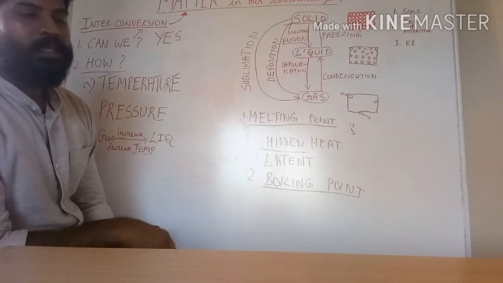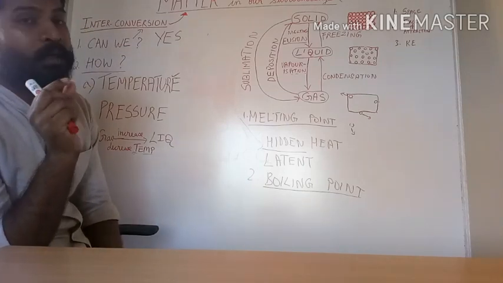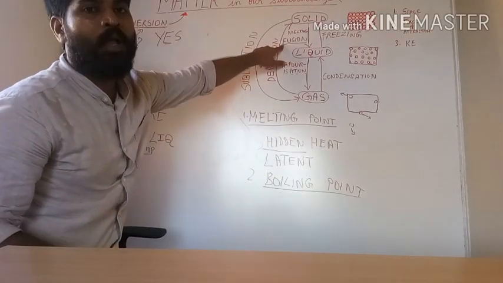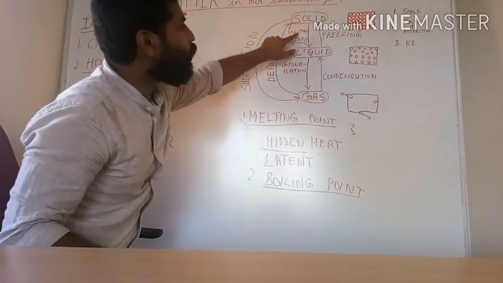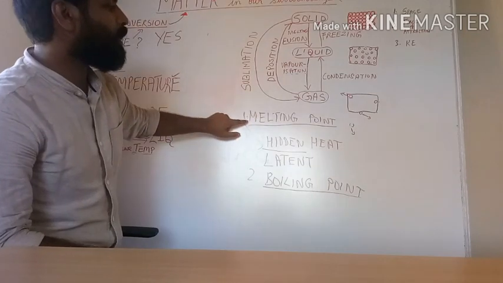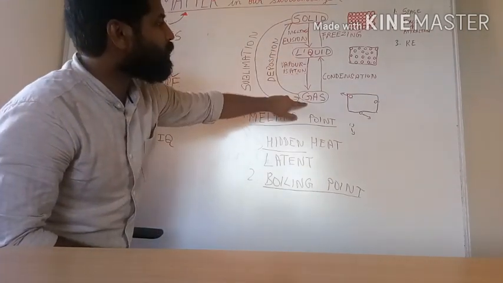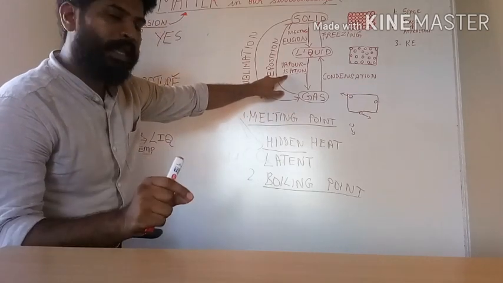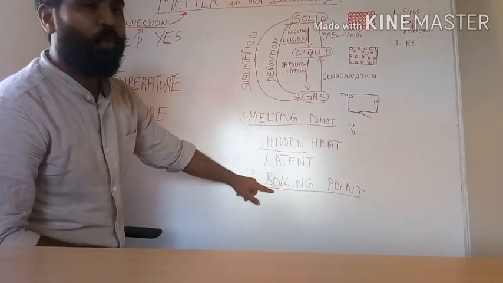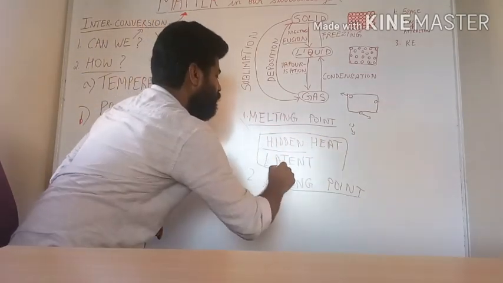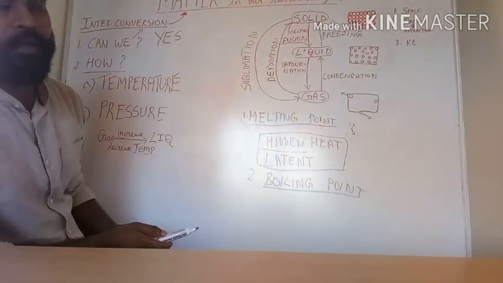Also, we learned about some interesting terminologies. One is fusion, conversion of solid into liquid at a temperature called the melting point. Converting a liquid into gas is called vaporization. This takes place at a temperature called the boiling point. In both these cases, we come across a phenomenon called latent heat.